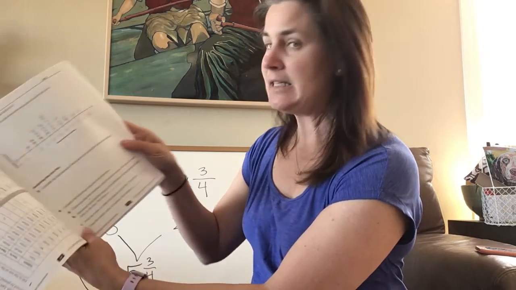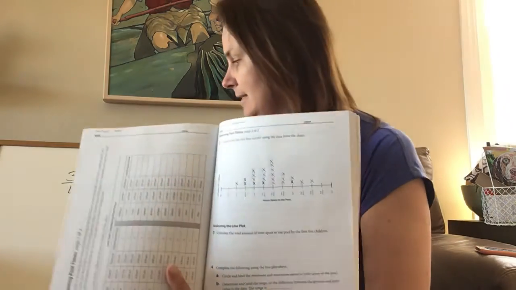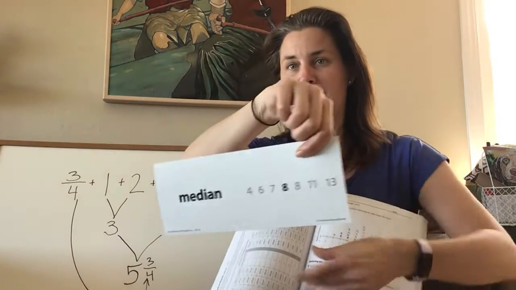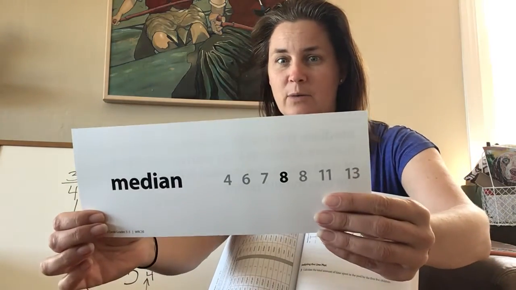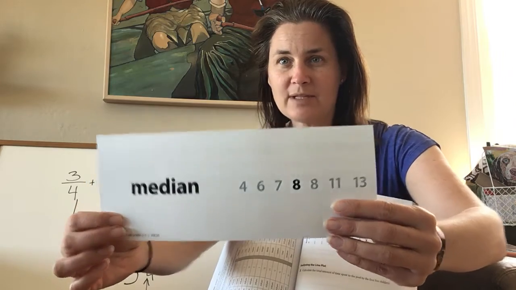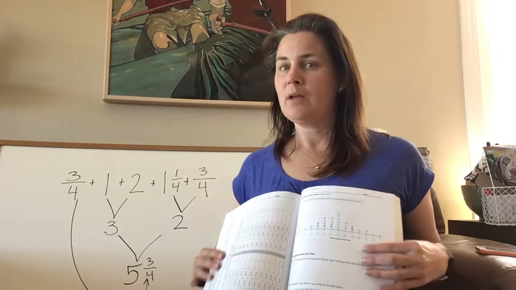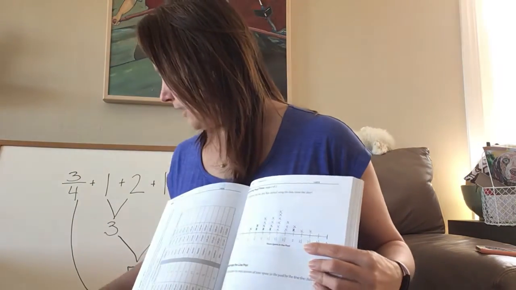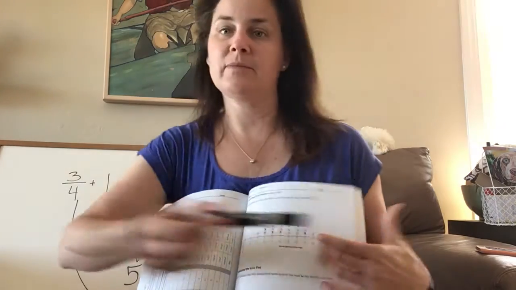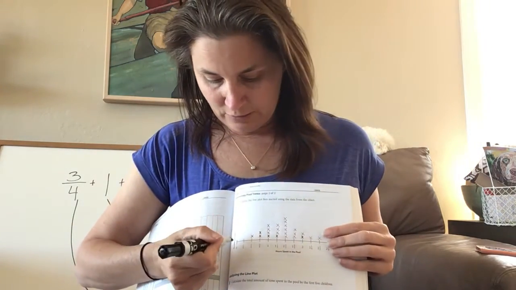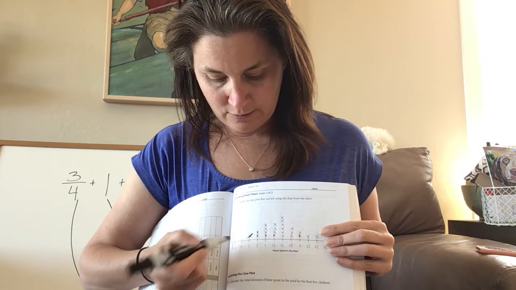And then D is the trickiest one, and that's the median. The median is the middle value. When you have everything lined up with your data like this, organized so nicely and neatly, you start with the outliers and cancel them out as you go across. I have to use my whiteboard marker for this. I would start over here with the smallest, cross it out.